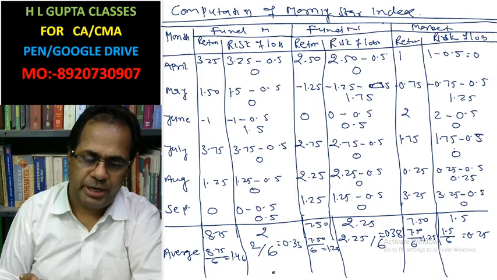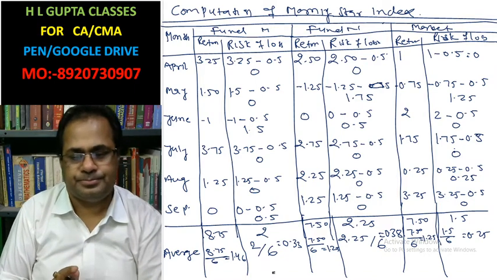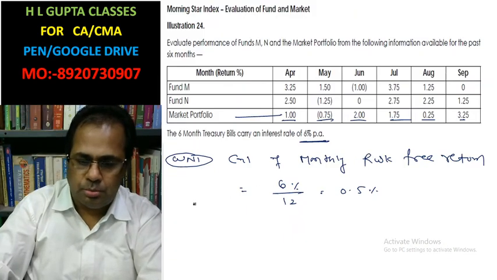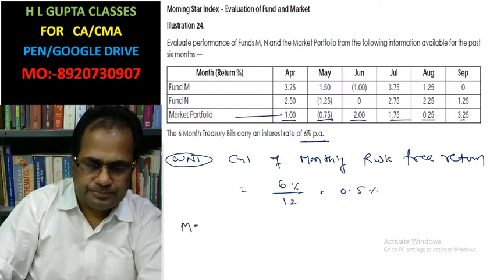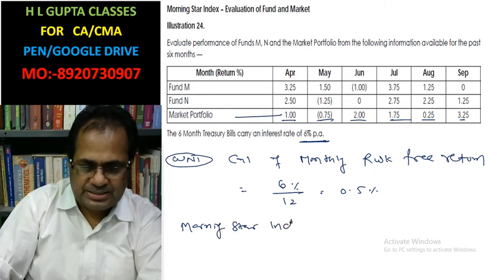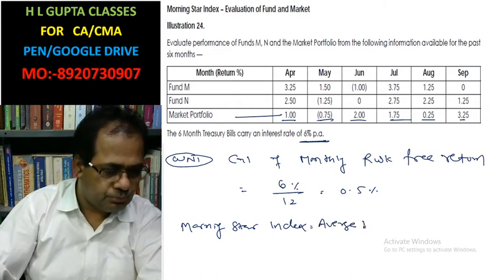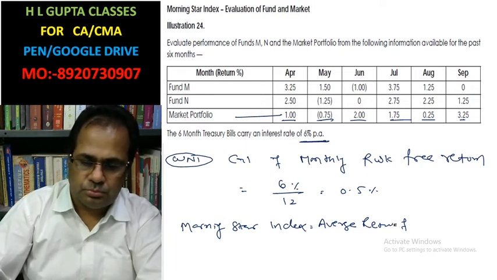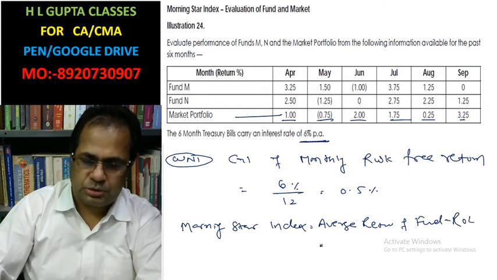Okay, now we need to calculate Morningstar. Morningstar index equals average return of funds minus risk of loss.